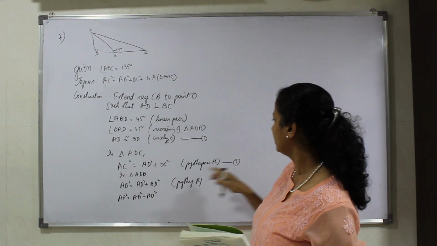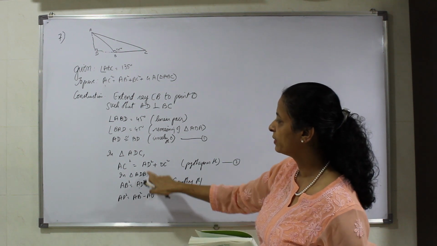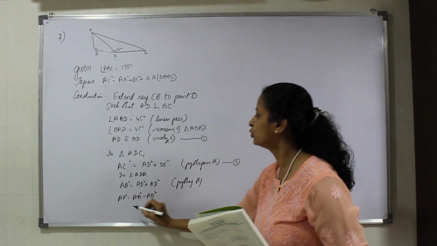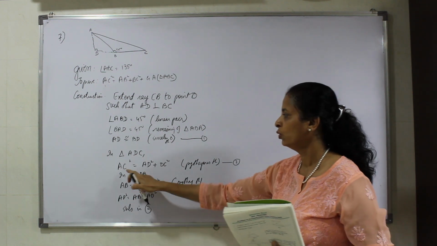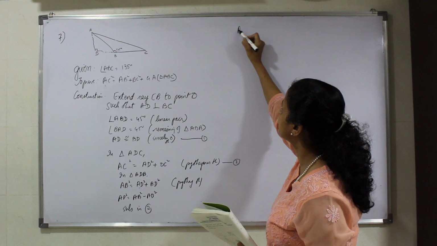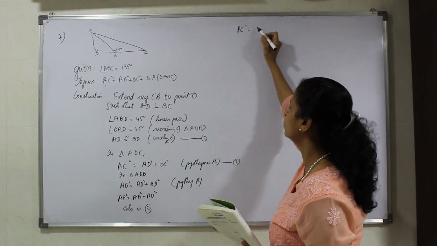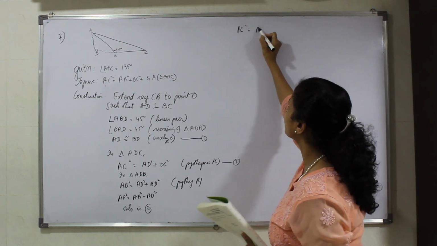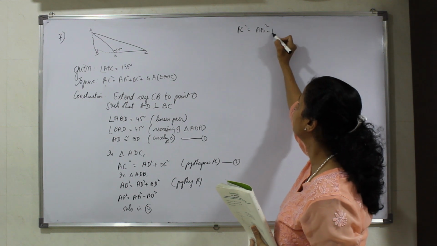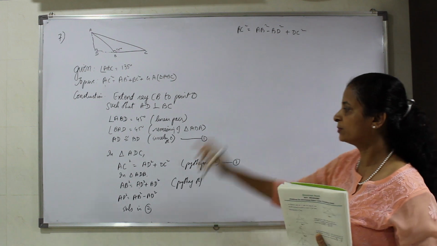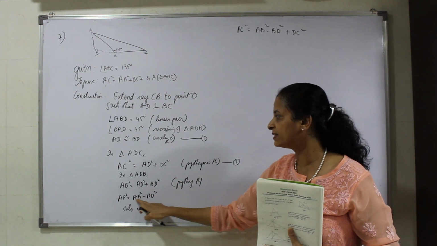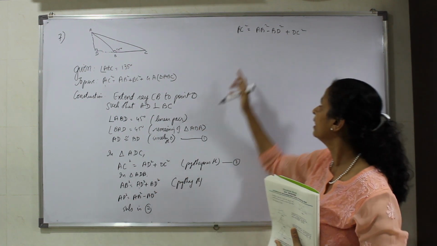Substituting this in equation number 2, we have AC square is equal to AB square minus BD square plus DC square. You see that? AD square substituted here.